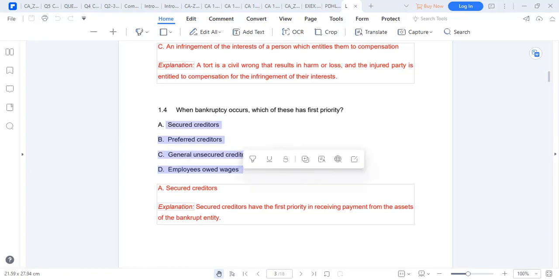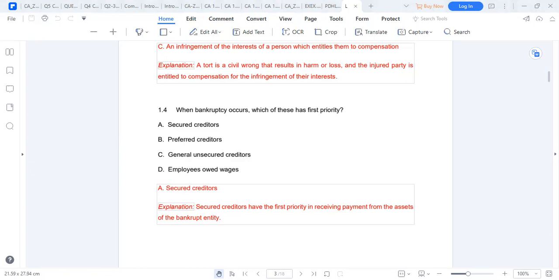So now the question also comes in: who are the others? We have secured creditors. First of all, they hold the first claim when assets are being wound up.